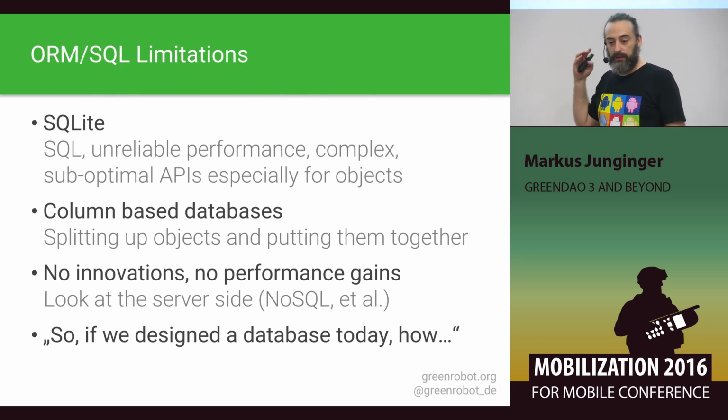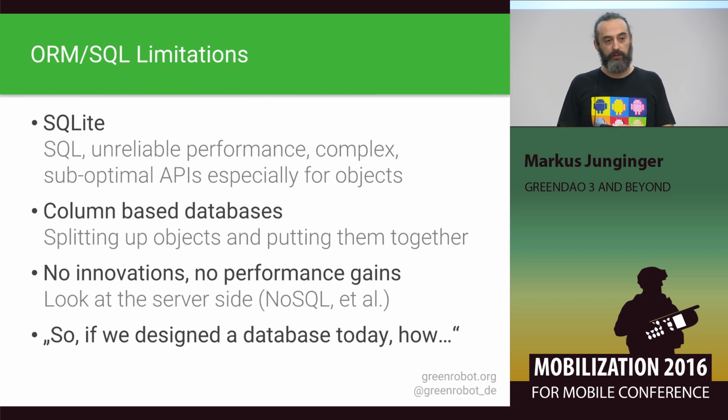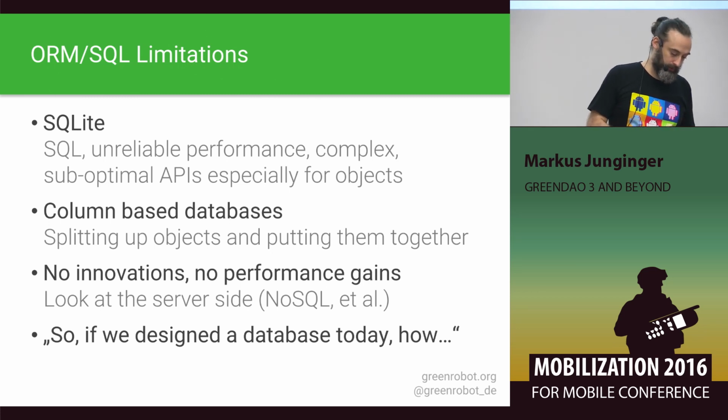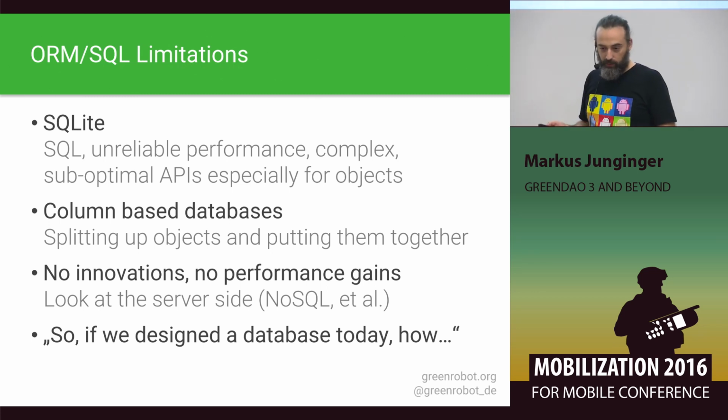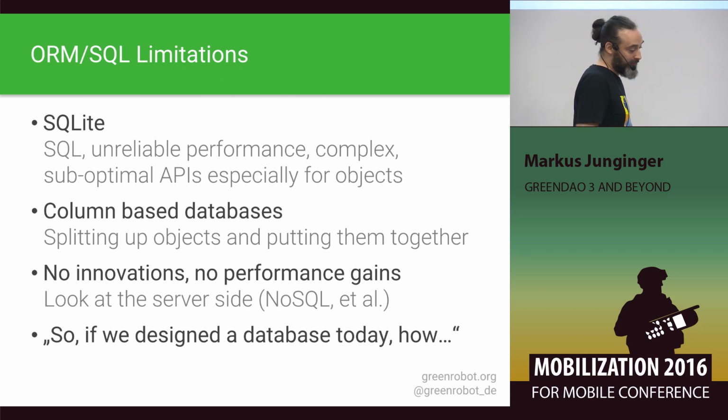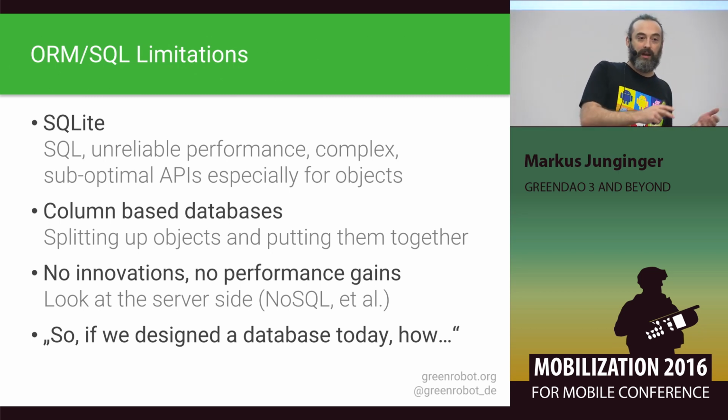And SQLite has been around since 2000, and there's so much innovation going on on the server side with NoSQL. So that's why we asked ourselves: if we designed a database today, what would it look like?